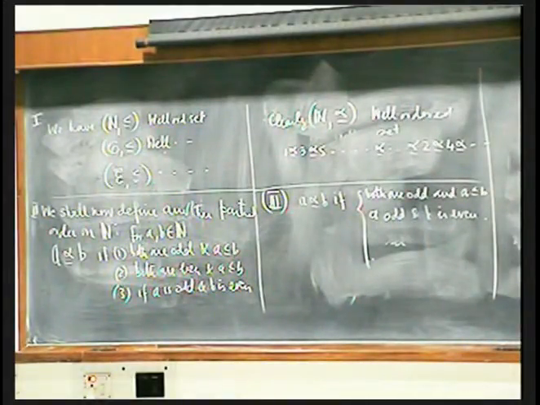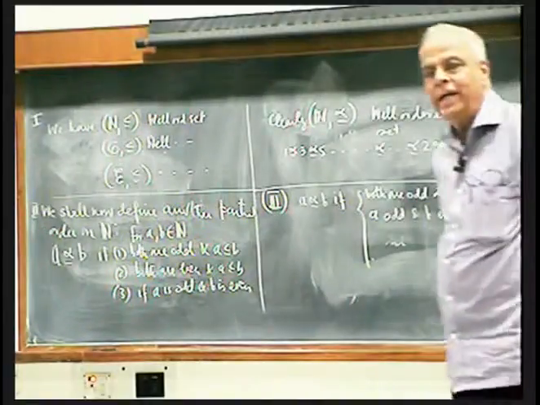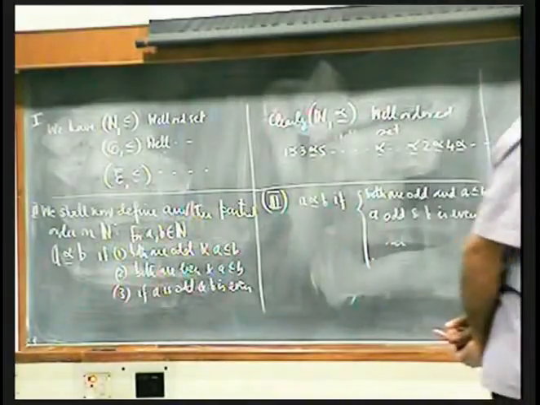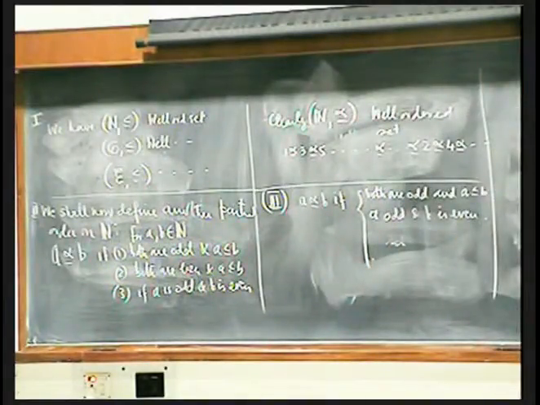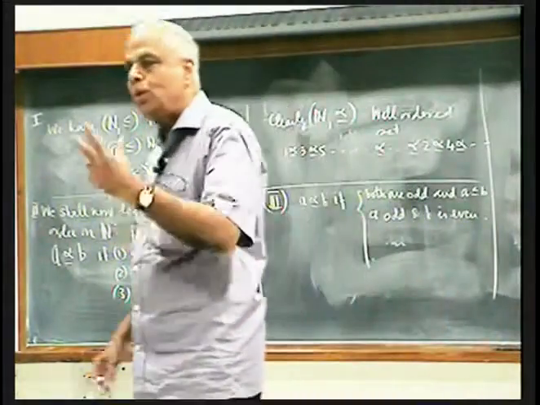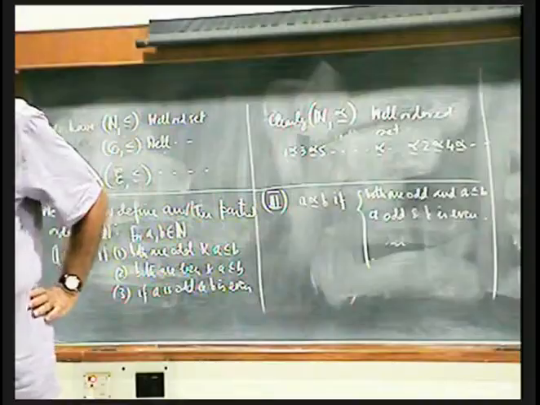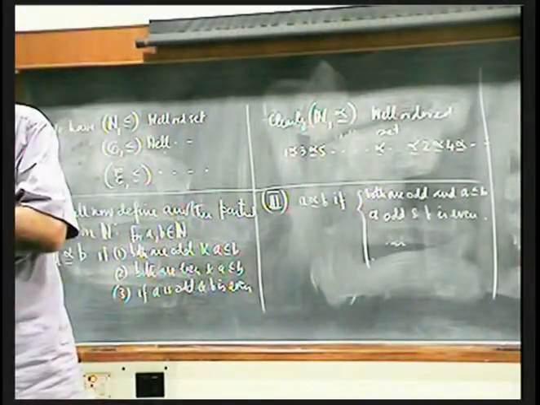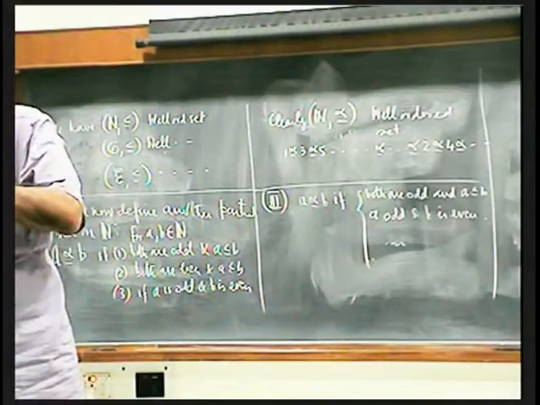See, for example, you take 4 and 18. Both are even, but one of them is a power of 2. The other one is not. So if I have two positive integers, one of them is a power of 2 and the other one is not, the power of 2 comes first.